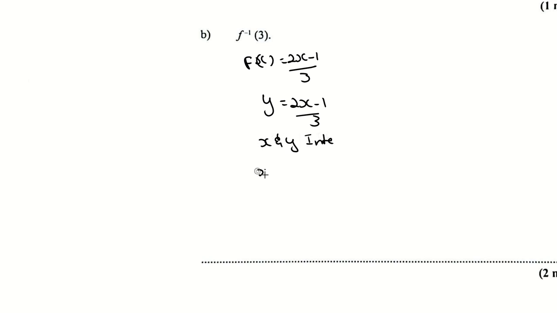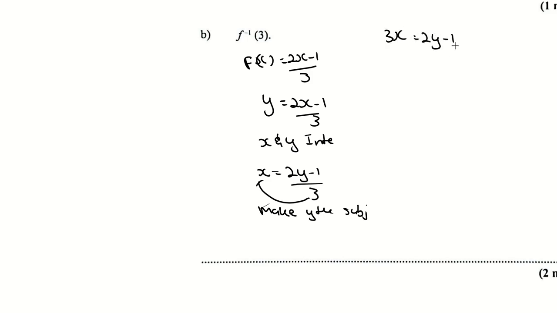Interchange, which is x would be 2y minus 1 over 3. Then make y the subject. Because everything is being divided by 3, I need to carry across that 3. So I'm going to get 3x is equal to 2y minus 1.